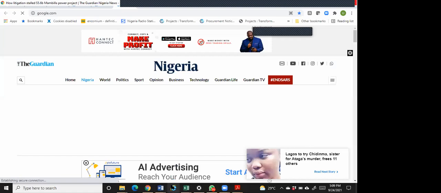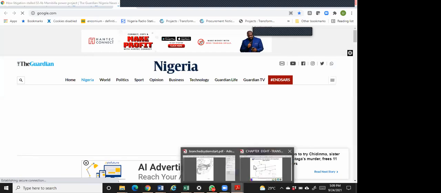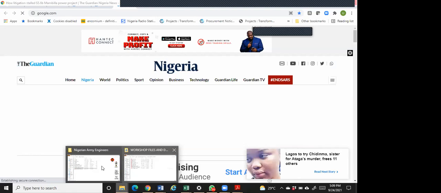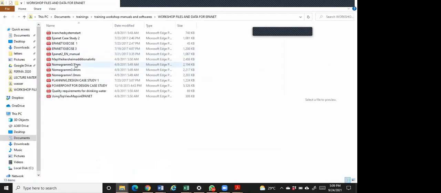It's coming. If you type friction factor, it will bring you hundreds and thousands of them. It's not coming up, so let's just continue until it comes up. So here I'm going to use the nomogram marked 0.1.